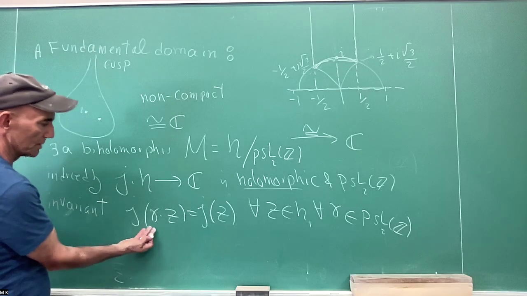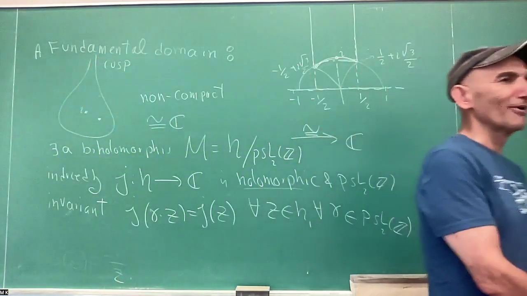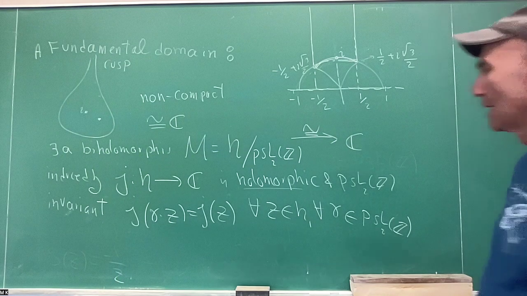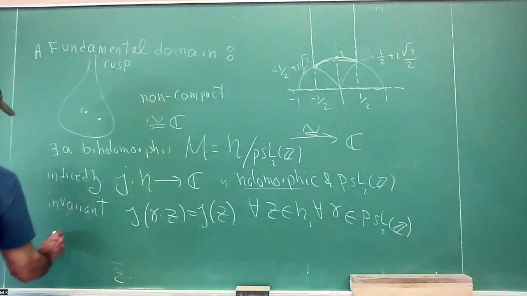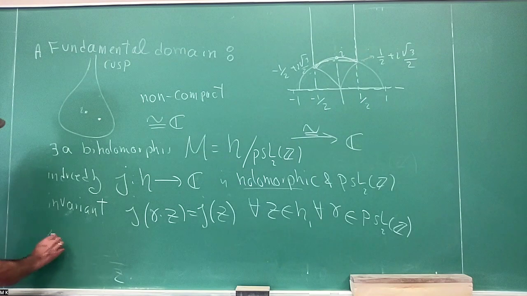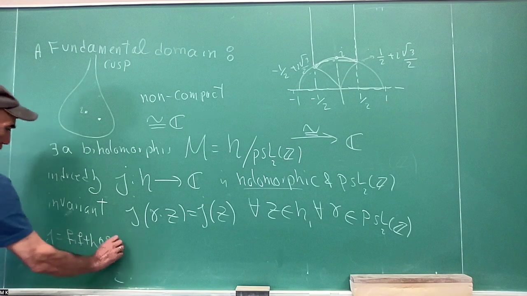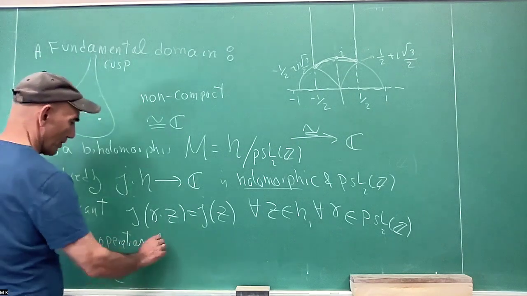So the question is, what is this map? This map J is a very important invariant of, I should say, complex analysis and arithmetic. This J is called the fifth operation of arithmetic. We all know the other four operations, right?